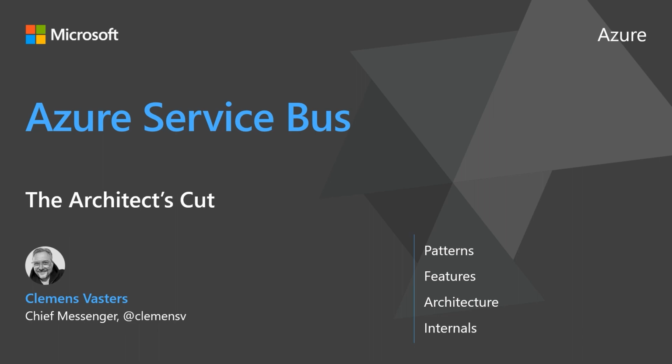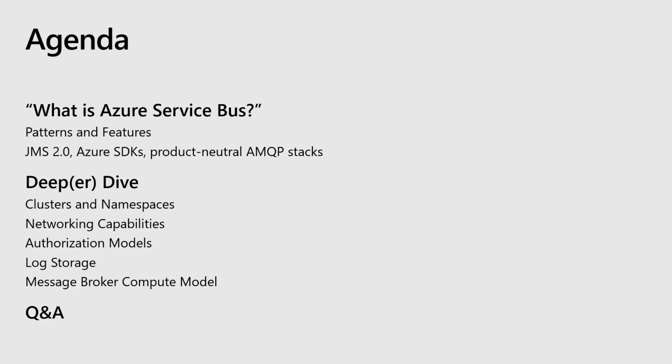So I'm going to try to explain most of that to you. What I will also do, in the first half of this session, is talk about the patterns and features, and I will enumerate some features that you may not be aware of in Service Bus. And I will give you some kind of conceptual ammunition about Service Bus.